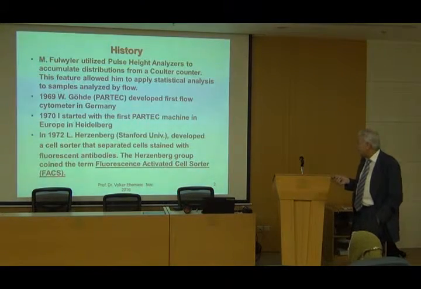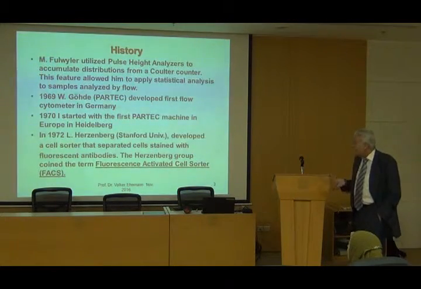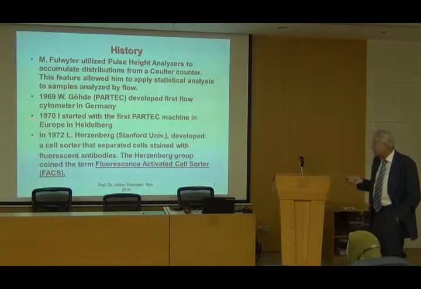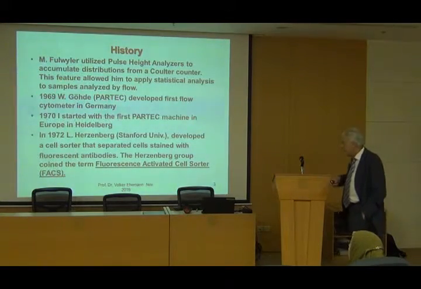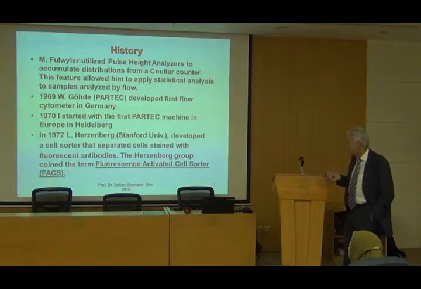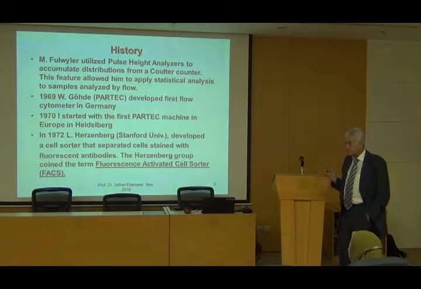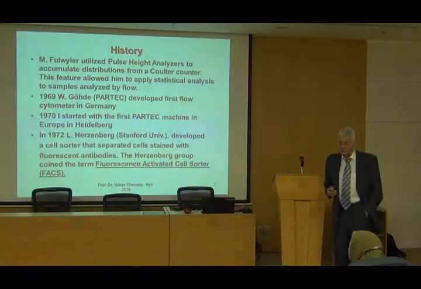Wolfgang Göhde developed the first flow cytometer in Germany in 1969, and I myself started in 1970 with the first Partec flow cytometer in Europe, in my lab in Heidelberg.